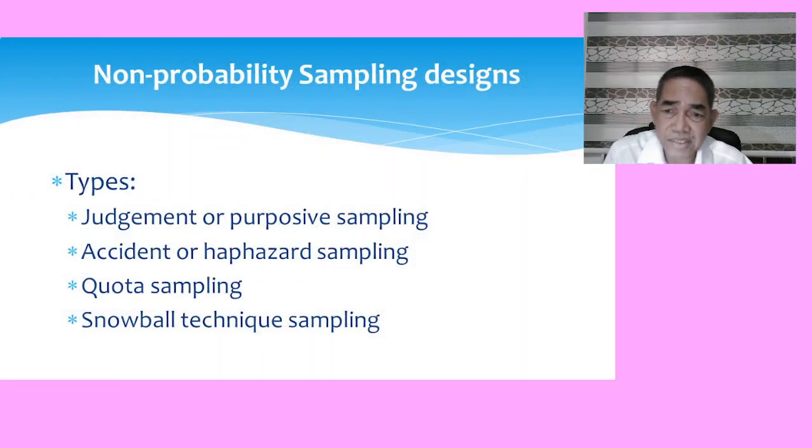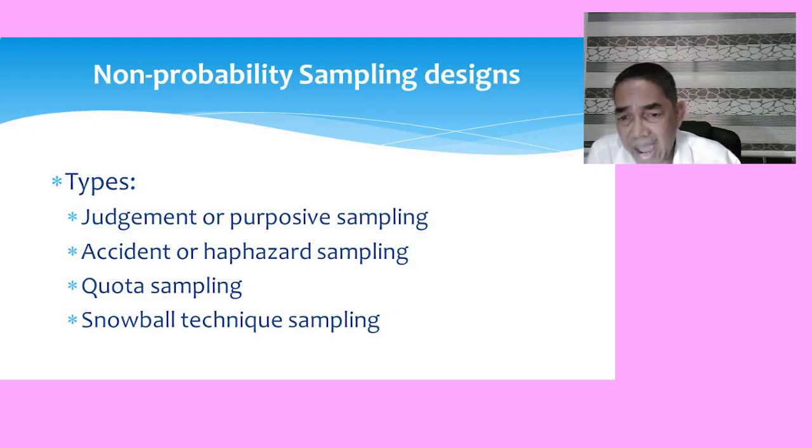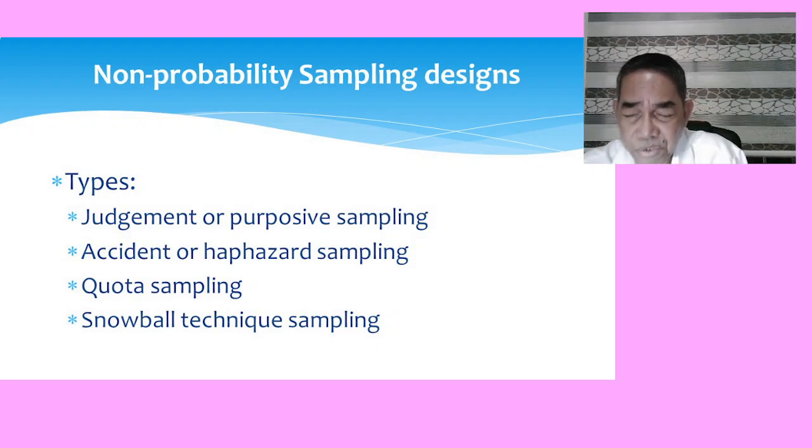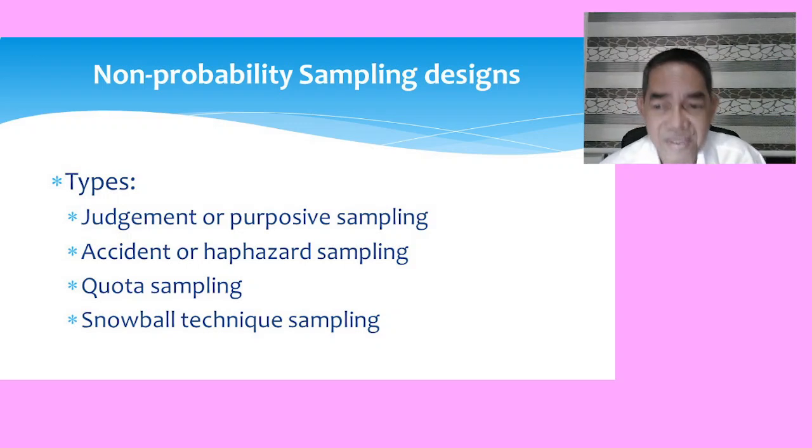The next is accident or haphazard sampling. Accident or haphazard sampling is when you meet people in the street, anyone that you meet. Or, for example, you go to social media to get samples. That's accident or haphazard sampling.